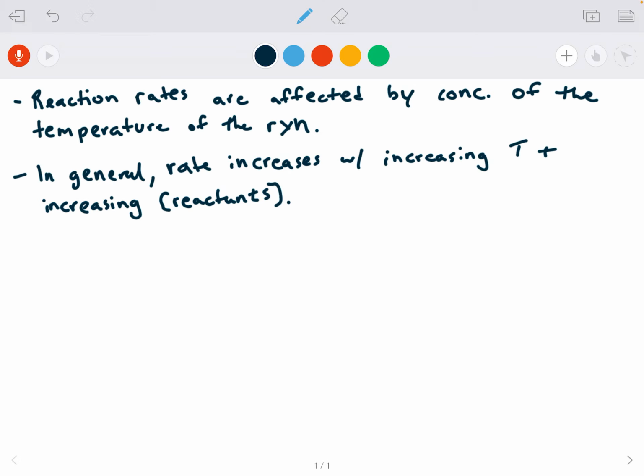However, there's more that affects the rate than just increasing the reactant concentration and the temperature. You also have to have the correct orientation of the molecules when they hit each other. And here is an example of that. If I have a reaction between chlorine and NOCl, so I'm going to draw it out here. We've got our chlorine atom, and then we have NOCl.